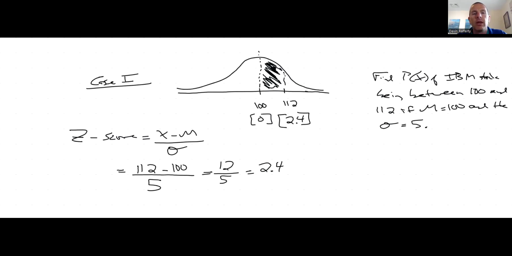But then, if you have a z-score of 2.4, now that we've converted from the normal probability distribution to the standard normal probability distribution, what that's telling you is that you are exactly 2.4 standard deviations above what is considered normal.